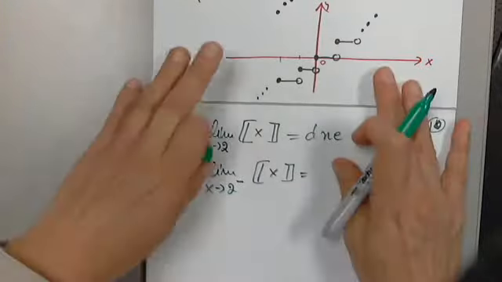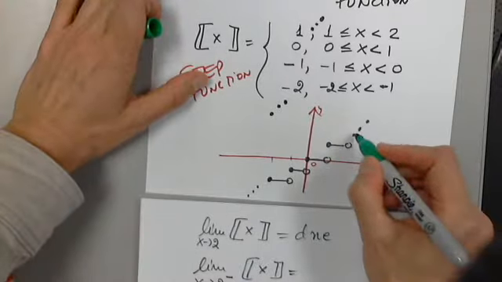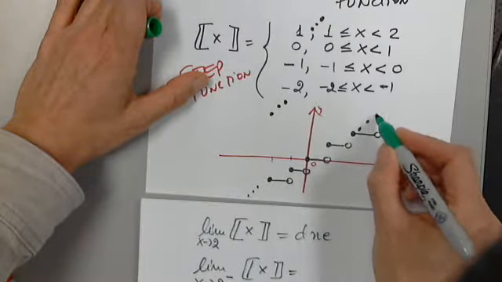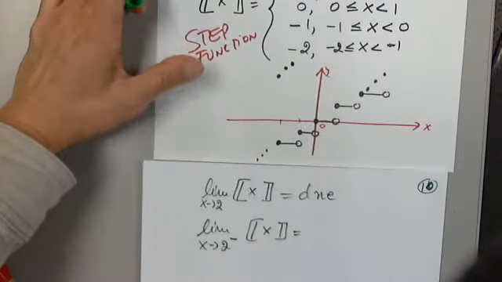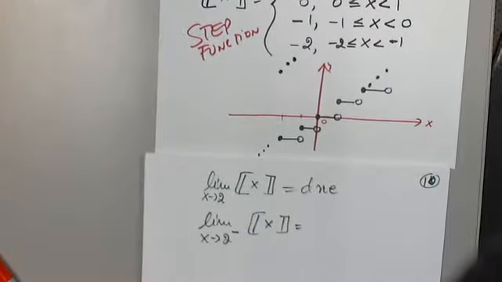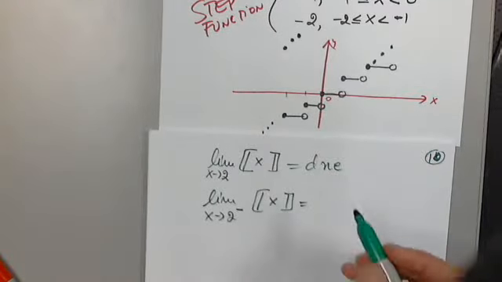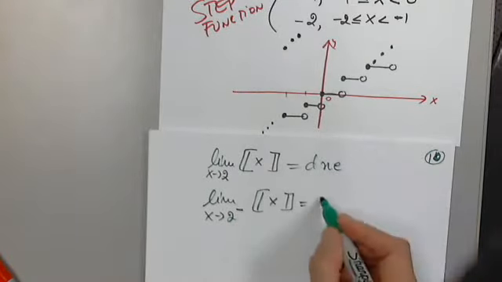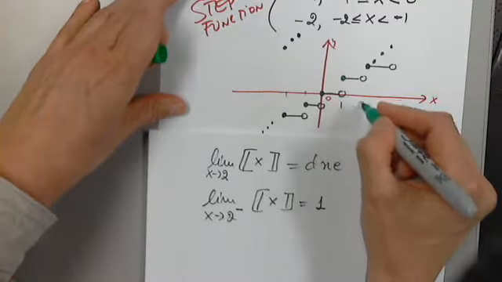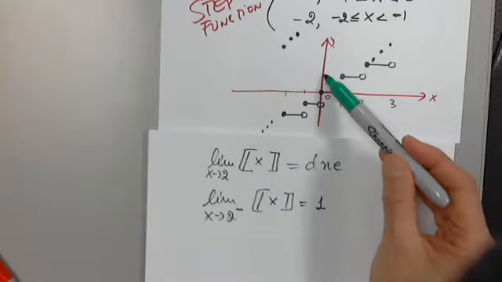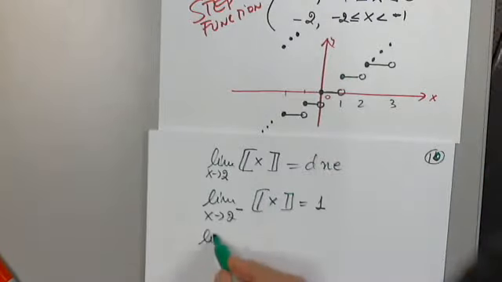Oh, I didn't show it. Let me show one more. 2 from the left. Yes. So here is 1, 2, 3. 2 from the left is 1. And limit as x approaches 2 from the right.